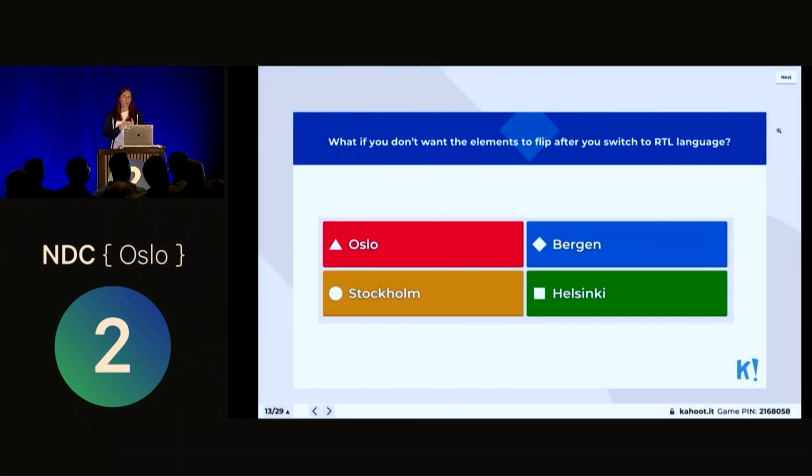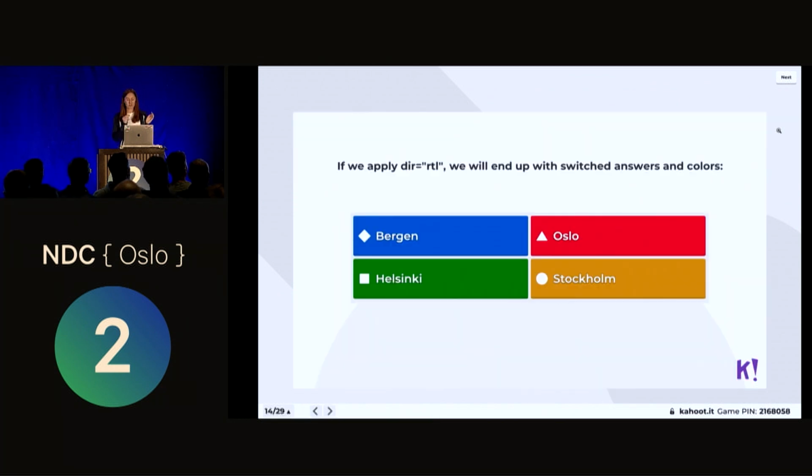Next one. What if you don't want some elements to switch to right to left to apply those rules? For example, here we have options, answers to the quiz question, and the colors here are aligned according to the Kahoot company sequence, which is red and blue on top, and yellow and green on the bottom. But if we apply direction right to left, as in Arabic, it will flip the colors, which is not something we want.